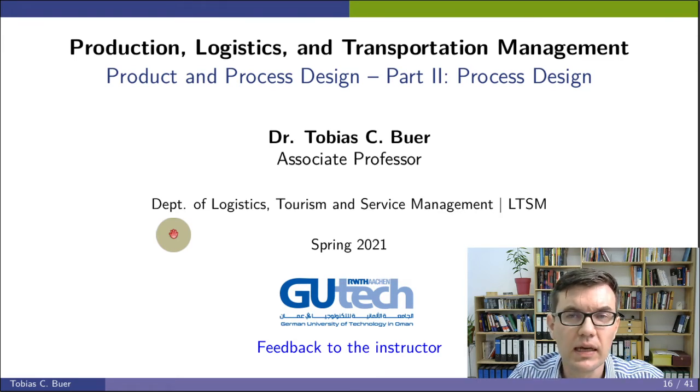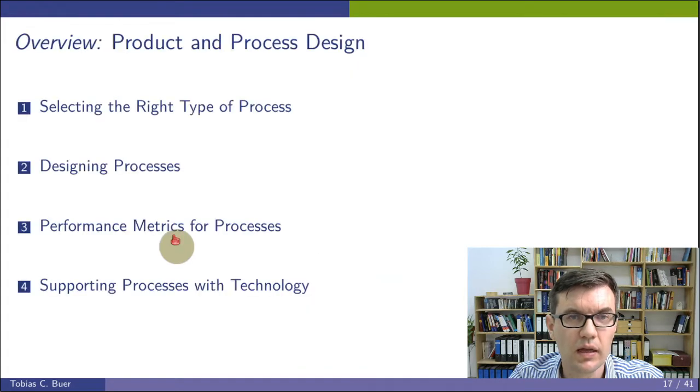Today we'll be looking at processes, and we will begin by discussing how to select the right type of process and in particular which types of processes are there. We will have a look at how to design processes, what tools can support us in designing processes.